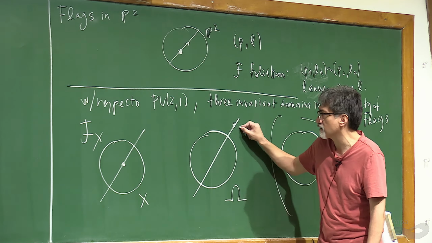And all this is equivariant with respect to all the groups that have appeared here. It's equivariant with respect to the group PU(2,1), which preserves the ball and acts linearly. So there is a canonical way to produce from a point in X, or even in the quotient, a point here.